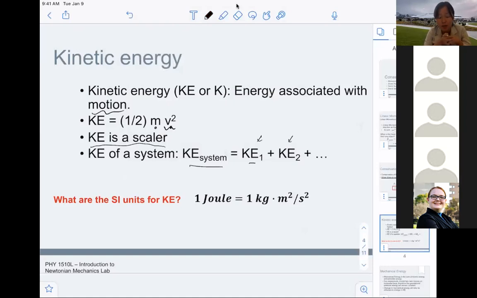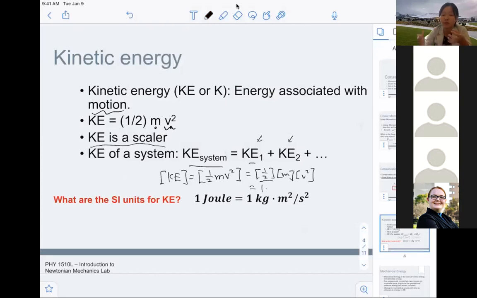Looking at the units for the kinetic energy, we do the same thing as we did before. The unit for kinetic energy is the unit of the right-hand side, 1/2 mv squared. 1/2 is a dimensionless quantity. It doesn't have any unit. So the unit of that is just 1, right?